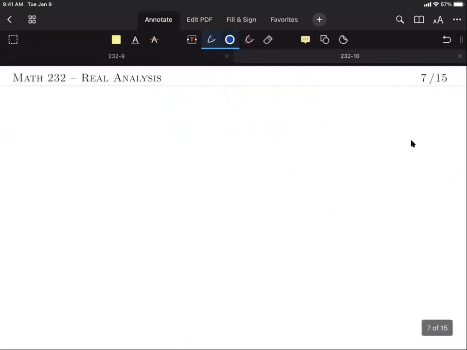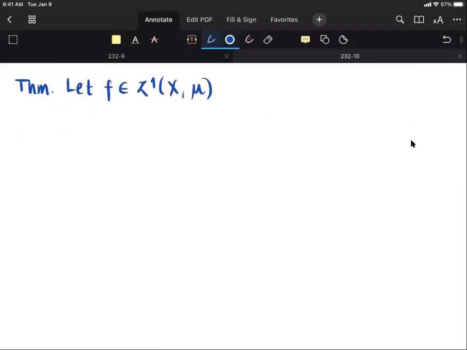For our next theorem, well, this is similar to the case of simple functions and the case of, let's say, non-negative measurable functions. Suppose that I have f. Let us look at the complex case in general.